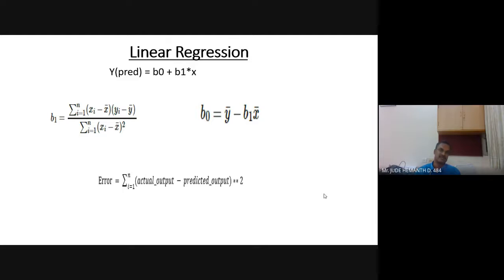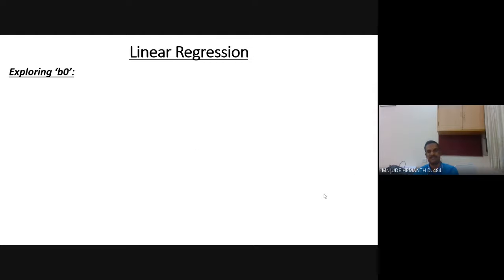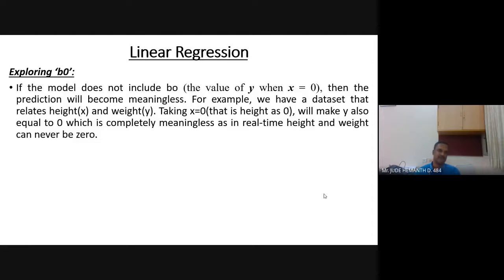So when x is equal to 0, y also will become 0. But practically speaking, in a height and weight application, if the person's height is 0 when you are measuring vertically, the weight should still be there. Your y cannot be equal to 0, which is completely meaningless, because in real time, height and weight can never be equal to 0.